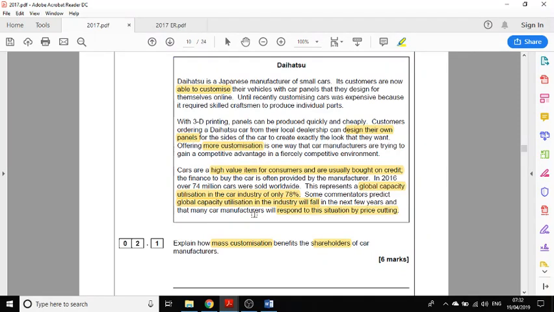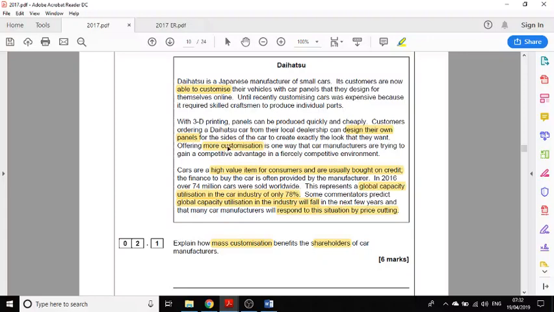So when we have a look at the case study, and you might just want to pause the video and read this in your own time, students have gone through, they've read the questions, they know it's about mass customization, and then they can pick out, okay, there's some information about customization here that will probably be helpful.